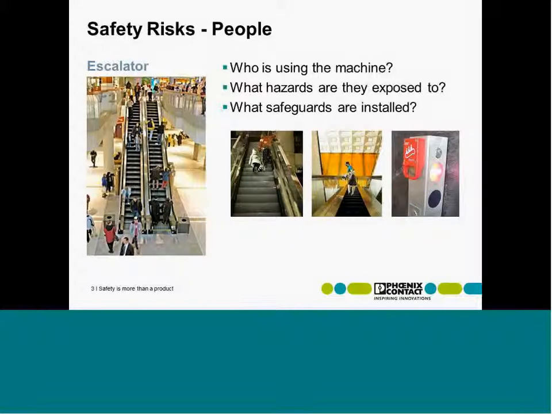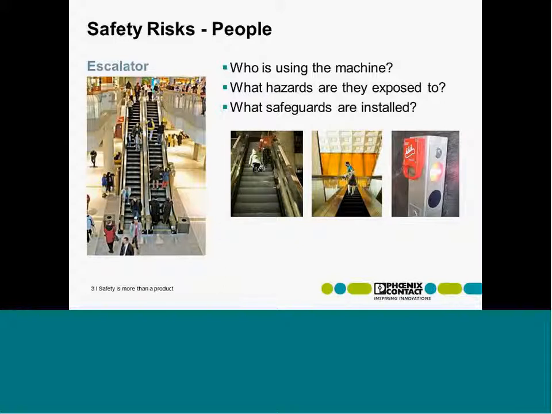I would like to start with some explanation of what safety is in principle in our daily life. As you see in the illustrations, for example, an escalator application, as you know, is found in shopping malls and in other buildings. There we have to take into account that children will use this escalator.